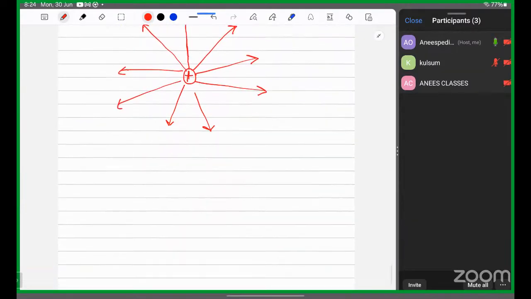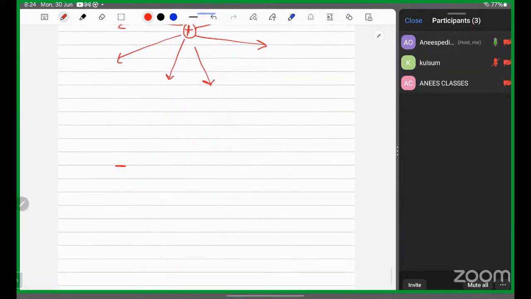Let's take another case. If we have negative charge minus Q this time, and again here we have a test charge Q naught. What is the polarity of the test charge? It's always positive throughout the discussion. It's not going to be negative. So Q naught is always positive. You have to consider it positive.